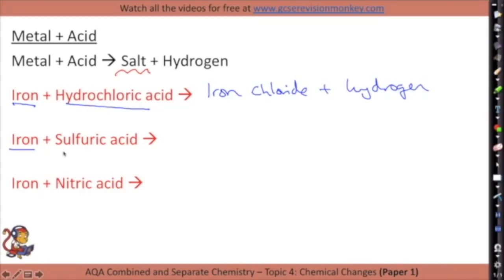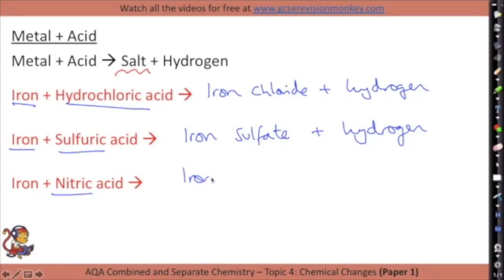Here we've got iron and sulfuric acid reacting, so we make iron sulfate this time, plus hydrogen. And finally we've got nitric acid this time, so we'd make iron nitrate plus hydrogen. If we change the metal, for example, if this was magnesium, instead we'd make magnesium chloride and hydrogen, and so on.